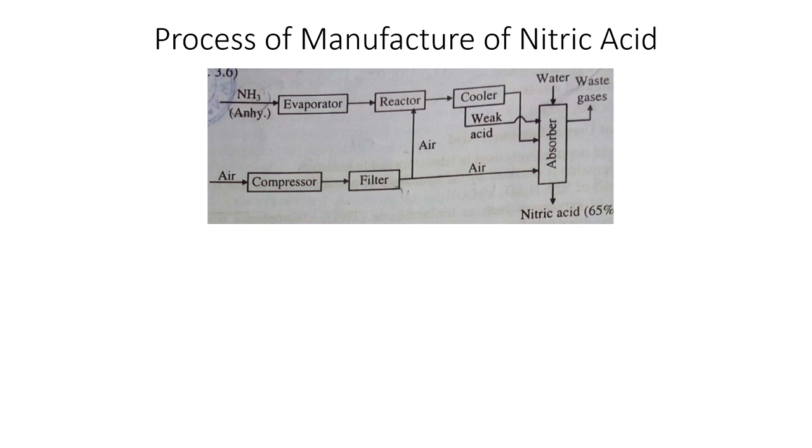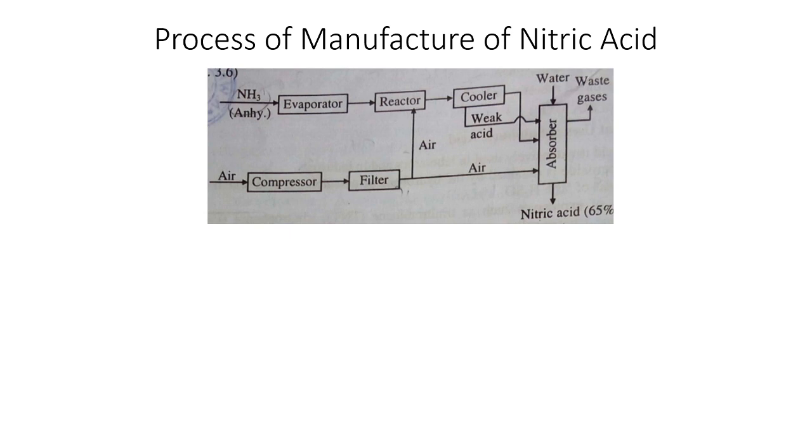By refrigeration. And then this ammonia is further purified from oil and ferric oxide. So before the input of ammonia, the ammonia has to be purified in this way, and this purified ammonia is vaporized in a continuous steam evaporator.